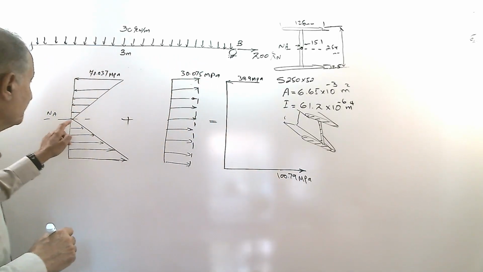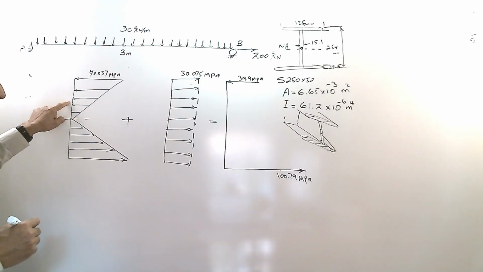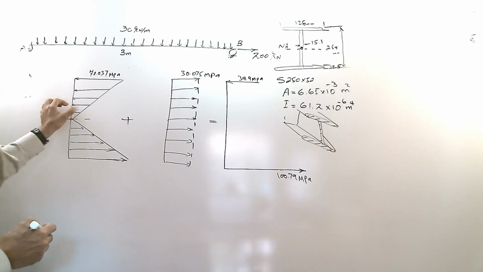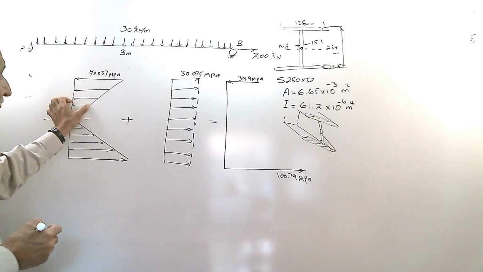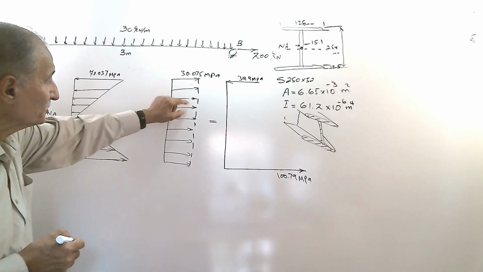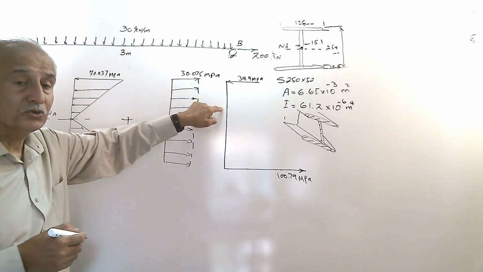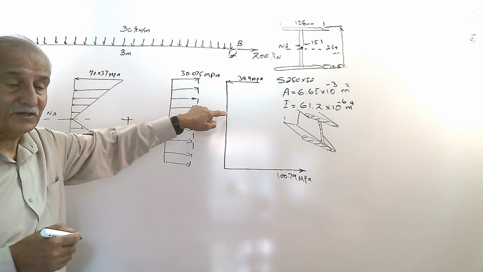What happened to the neutral axis? Neutral axis moves up. How much? You can calculate it. This amount of compressive stress, in some places, is equal to 30.075. They neutralize each other. That's the new neutral axis for the combined stresses.